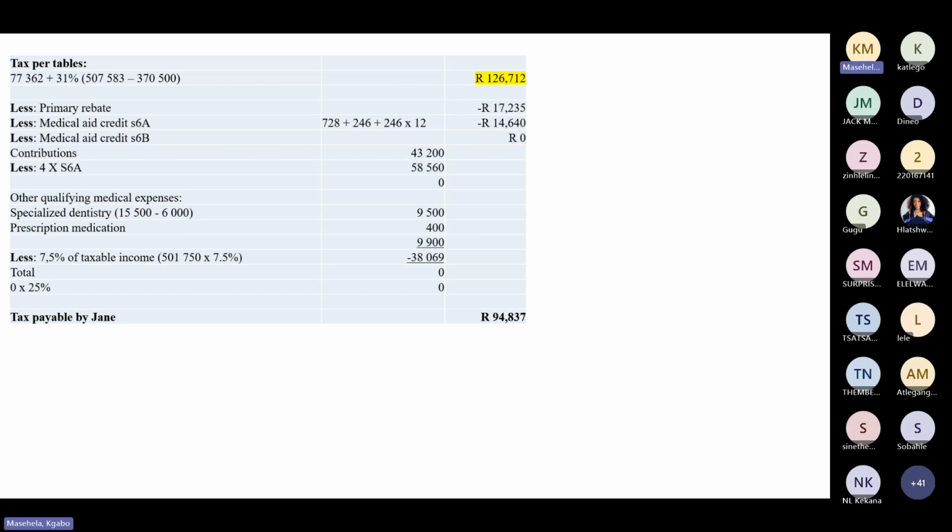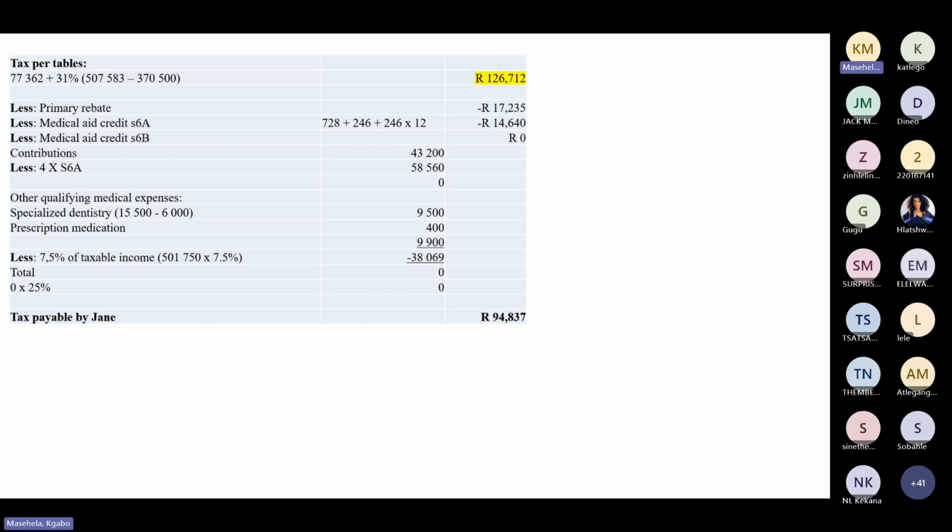Let's go and see the correct weighting of this particular individual. They say Jane is the main member of the medical aid and covers the entire family, which is the husband, the daughter, and the son.